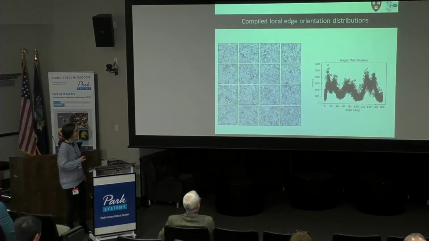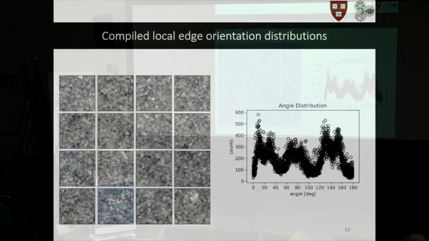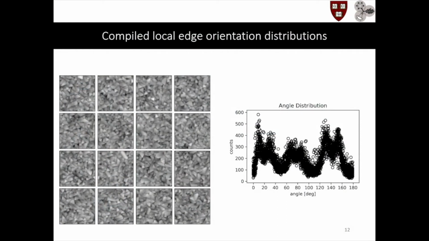We simply split the image into the same size images as our original one. And if we plot the compiled edge orientation distribution, we get something like this. So clearly there seems to be a trend here across the whole surface. But can we look at it a little bit more quantitatively?